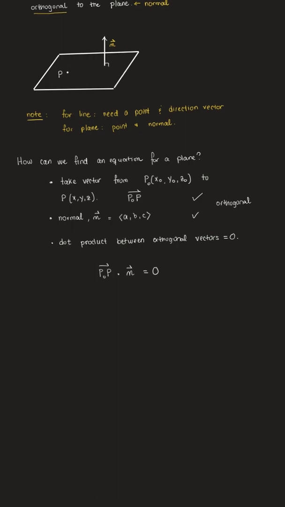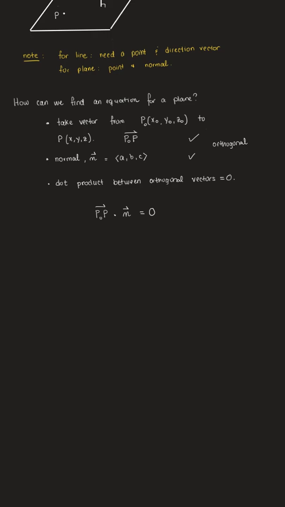And if we carry this out, we know that our P0P vector is going to be the vector x minus x0, where x represents the x-coordinate of any point on the plane, y minus y0, z minus z0. Once again, x0, y0, z0 is the point on the plane that's given. Our normal vector is our vector ABC, and we're going to set up the dot product between these two vectors.